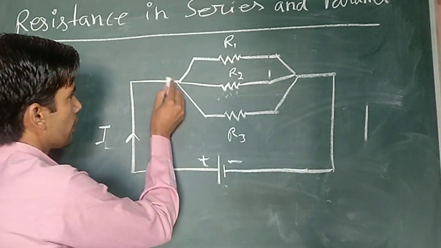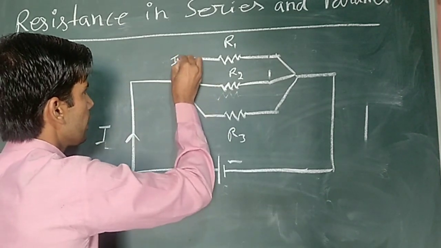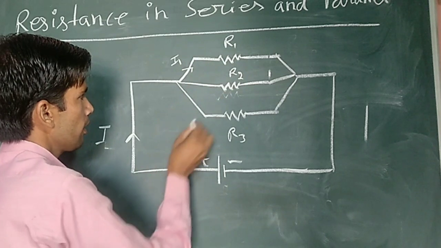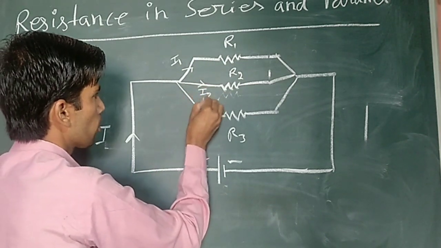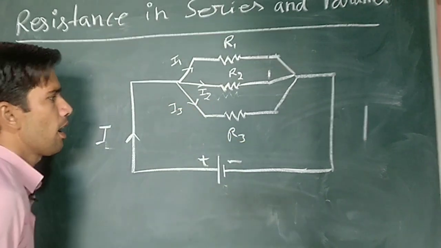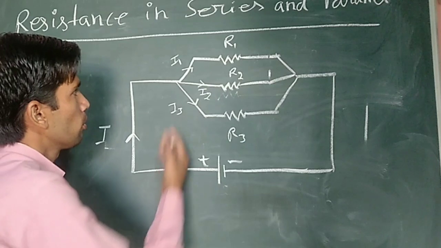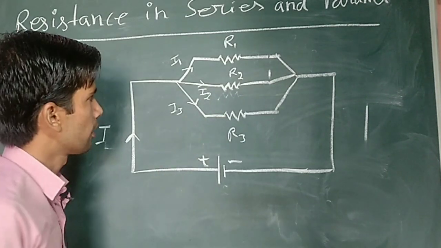Now current I is divided here into three parts. Let current I1 flow through resistance R1, current I2 flow through resistance R2, and current I3 flow through resistance R3. A different current flows through each resistance.